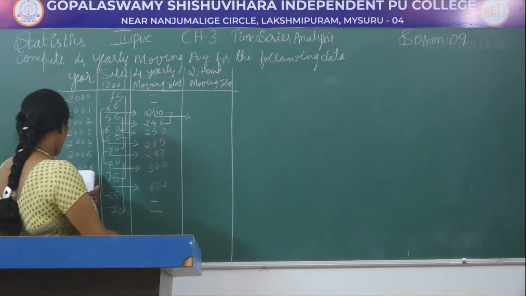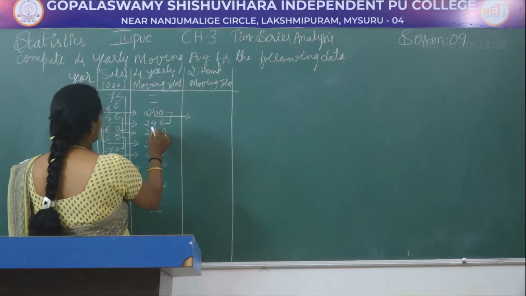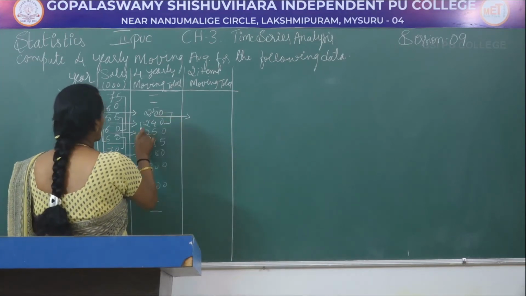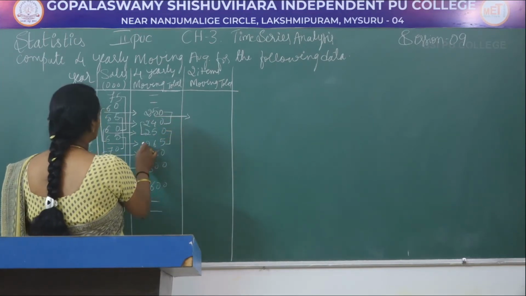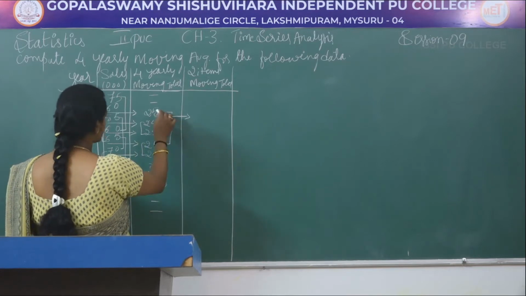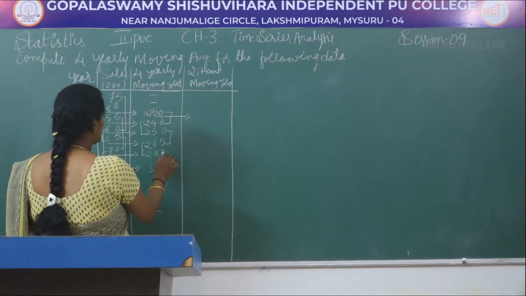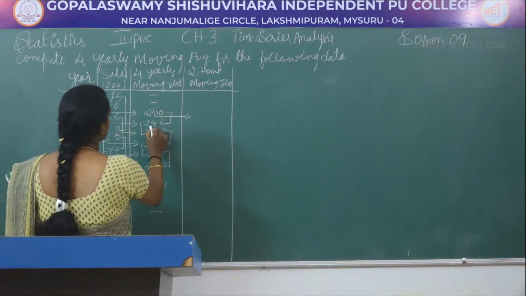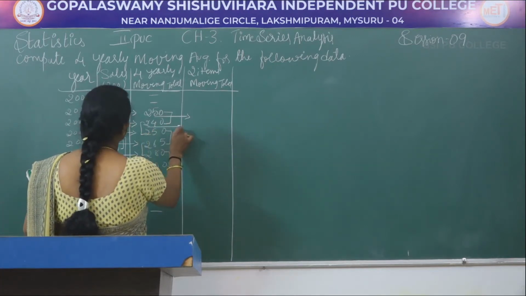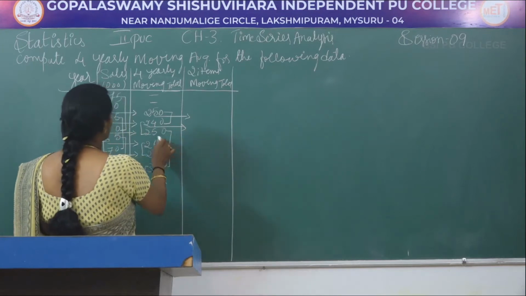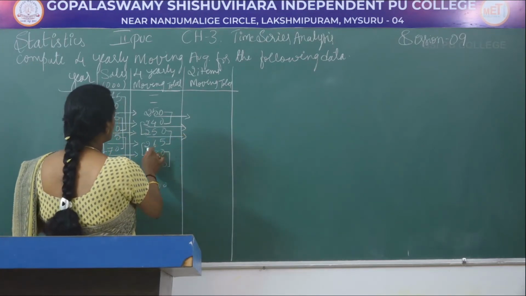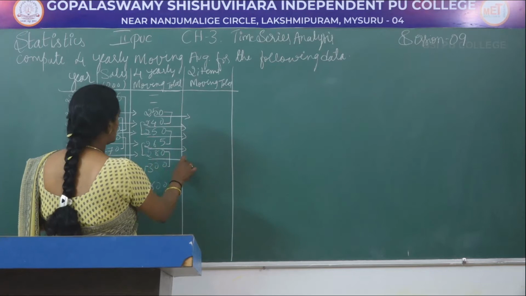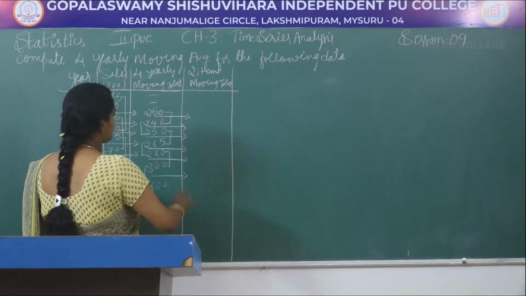Similarly we should add 2 numbers: first 2, next 2, next 2, next 2. Like this we have to add the numbers, and after adding these 2, the position is this. After adding these 2, the position is this. Then this is the position, this is the position, and this is the position.